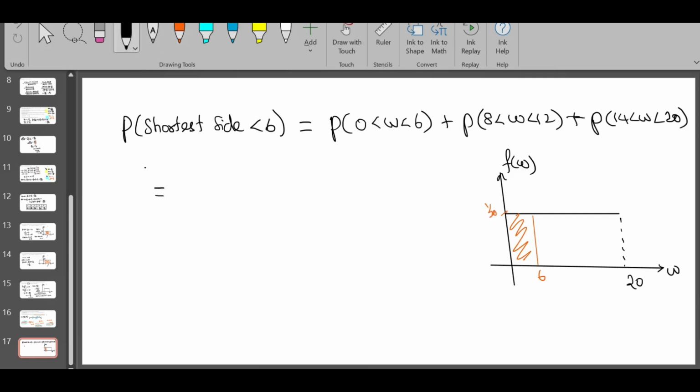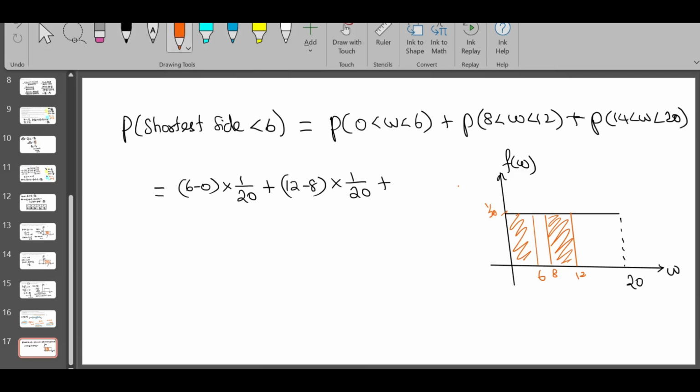So it's going to be (6 minus 0) times 1 over 20, plus the area between 8 to 12. 8 is here, 12 is here. That's (12 minus 8) times the breadth of the rectangle, plus the area between 14 to 20. This area. So it's (20 minus 14) times 1 over 20.